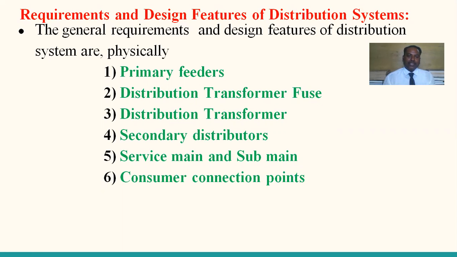Primary feeders exist between the substation and the distribution transformer, which is located near the consumer load areas. And the distribution transformer piece is where the distribution transformer is located.